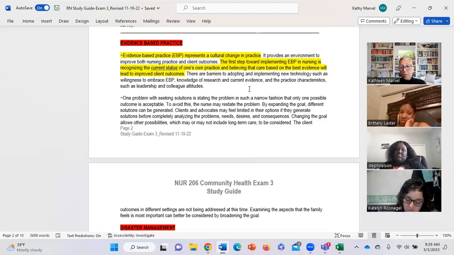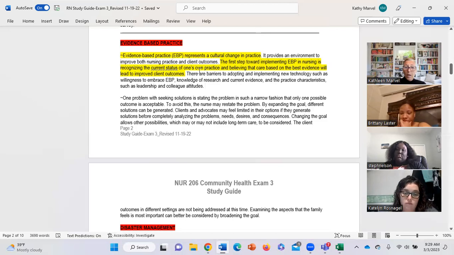Believe it or not, that's a huge barrier. Those are the people you meet that say, no, I'm good. We've been doing it this way for 30 years. It's fine. There has to be a shift in thinking. A lot of people have a lot of trouble embracing new practice guidelines, right?